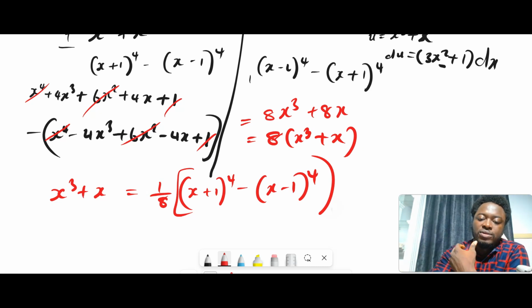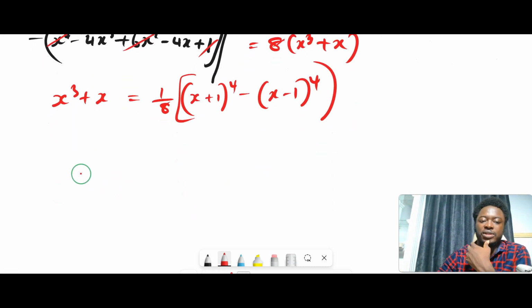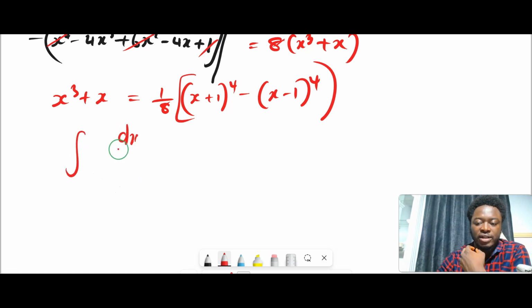Okay, so then you will end up with our integral here, which is dx divided by x minus 1 times the fourth root of x cubed plus x.